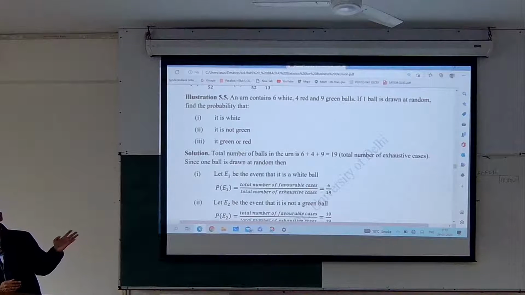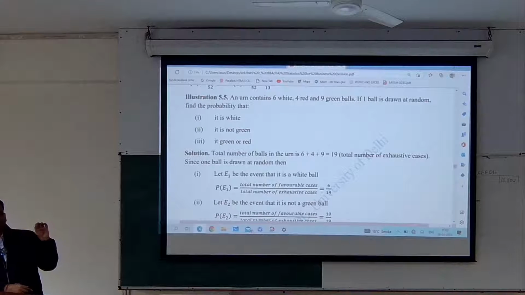So what is this? We have a bag which has a total of 19 balls, okay, 6 plus 4 plus 9, total 19 balls, 3 different colors, and you draw one ball. So what would be the chance that it would be white, okay.